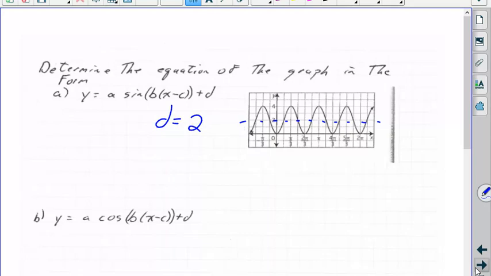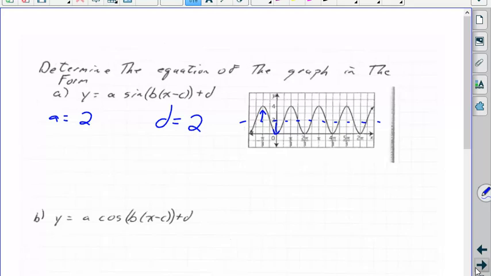So I've taken that graph and I've moved it up 2. I've done some stretches beforehand, but I have moved it up 2. I am going up 2 units and down 2 units from that midline. My amplitude is 2. Now the stretch is a little bit interesting.